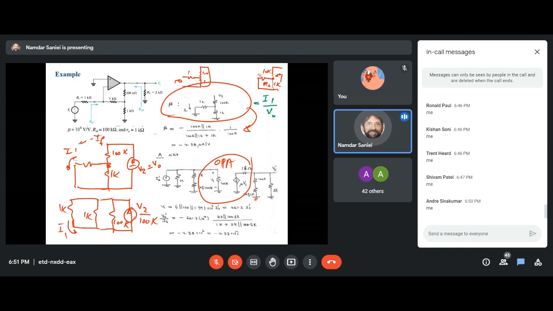So 100K and 1K, 1K parallel. That would give us R22. R22 goes on the output side in parallel, R11 on the input side in parallel.